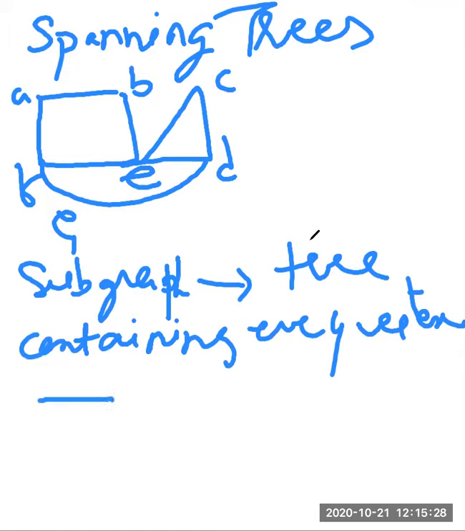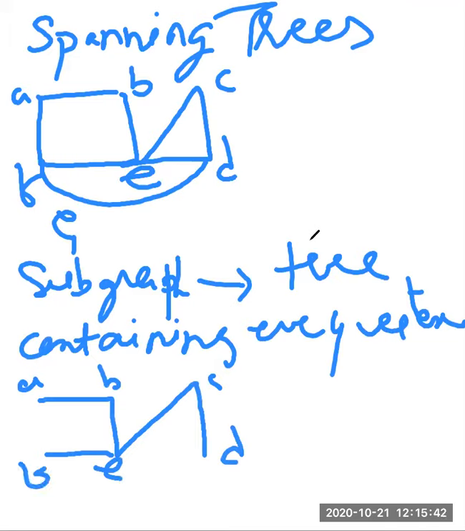So there could be many spanning trees for the given graph. So A, B, C, D, E, F. So this is one spanning tree.